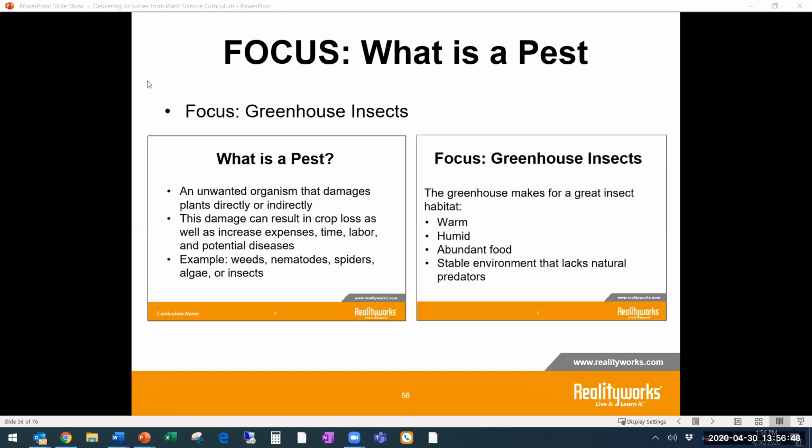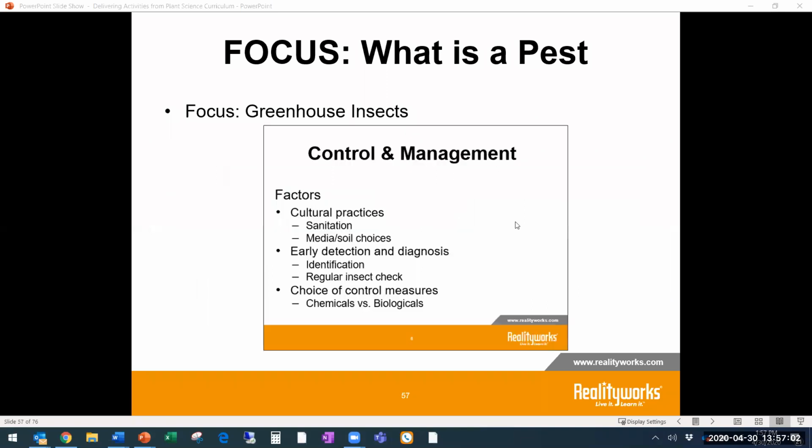Now, what we have are slides that walk through what a pest is, and then focus on greenhouse insects: what issues can be a problem in a greenhouse, and why certain insects really like the greenhouse versus out in the everyday world around us, and then how to control and manage some of these different problems that you might have in there.